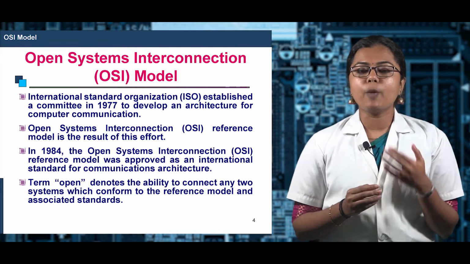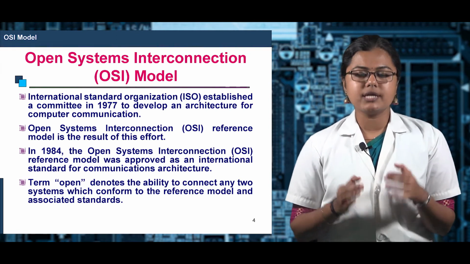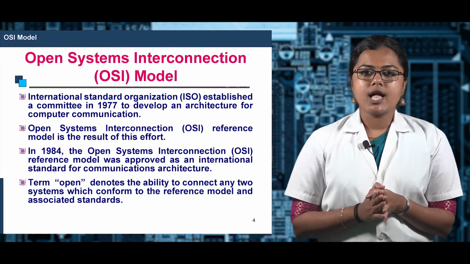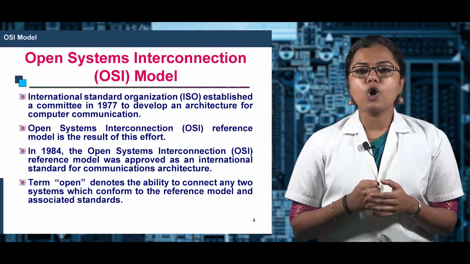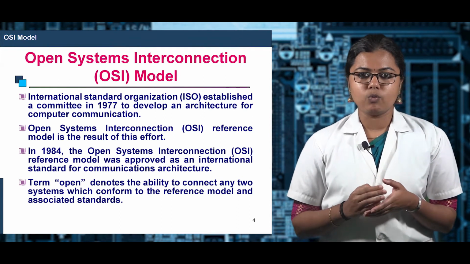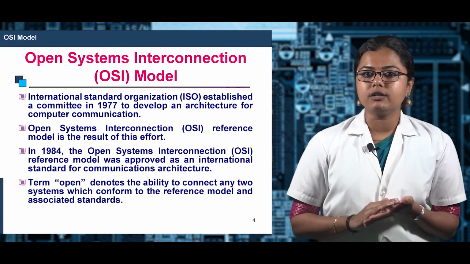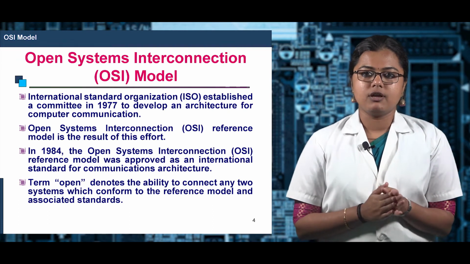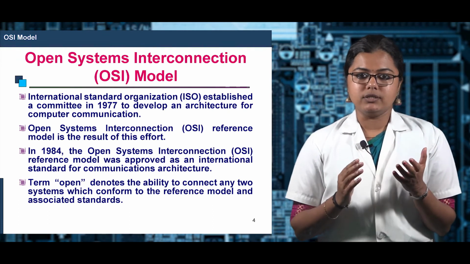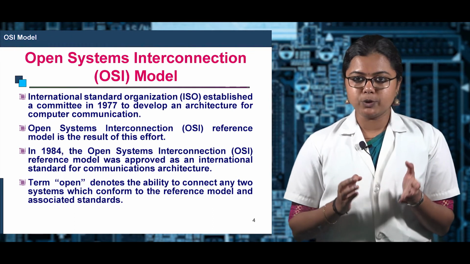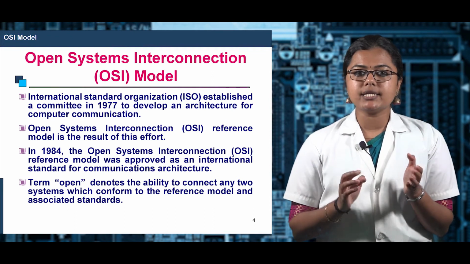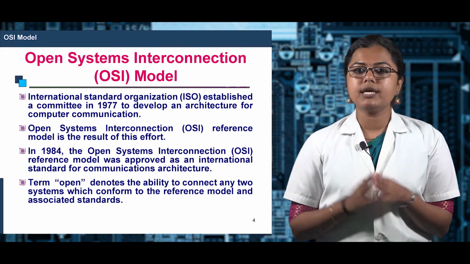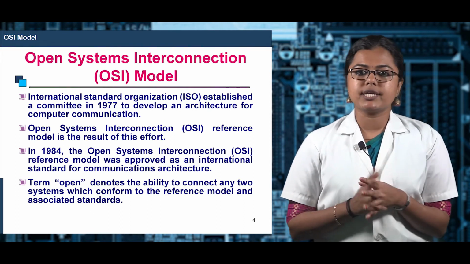The OSI reference model is a result of this effort. In 1984 this reference model was approved as an international standard for communications architecture. The term open denotes the ability to connect any two systems which conform to the reference model and the associated standards.